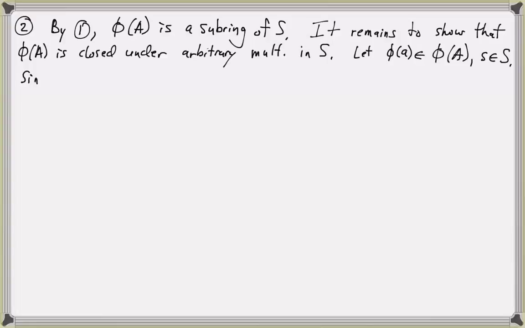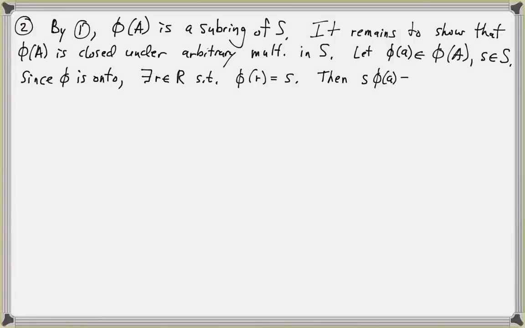So since phi is onto, and S is an element of the codomain, there exists an element R in the ring R such that phi maps R to the element S. Now let's look at the multiplication S times phi of a.